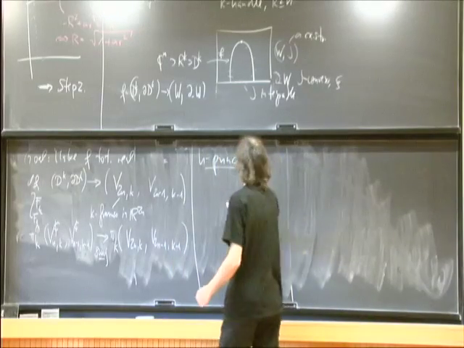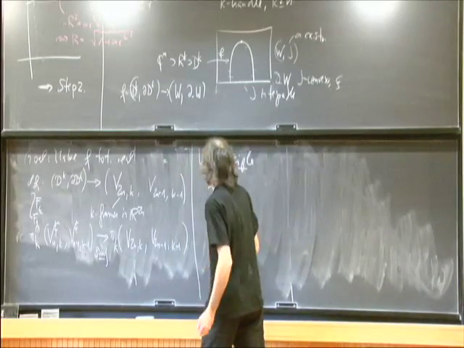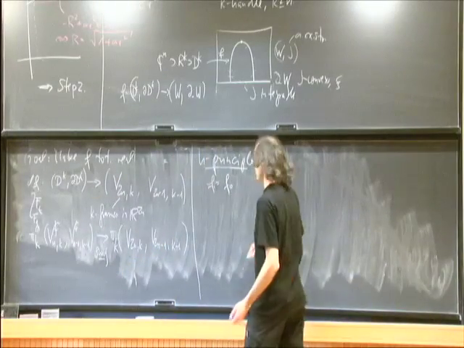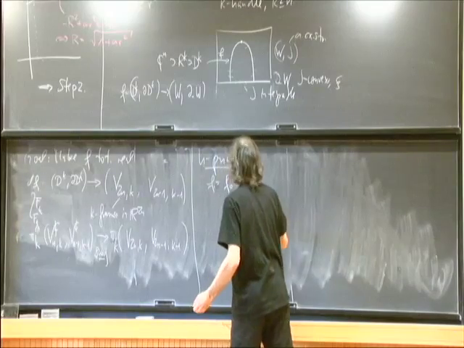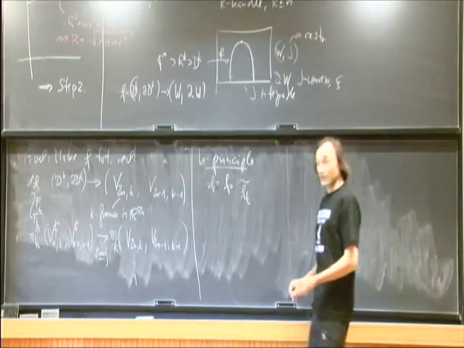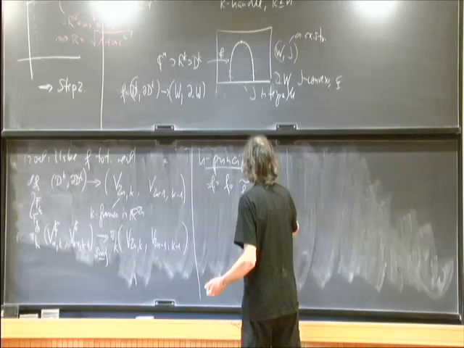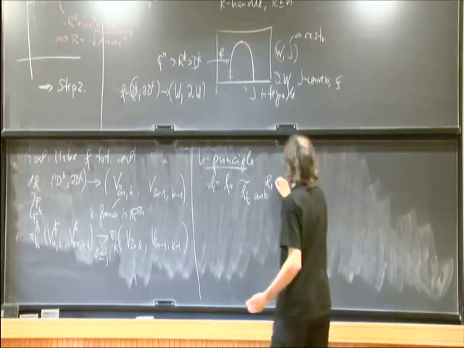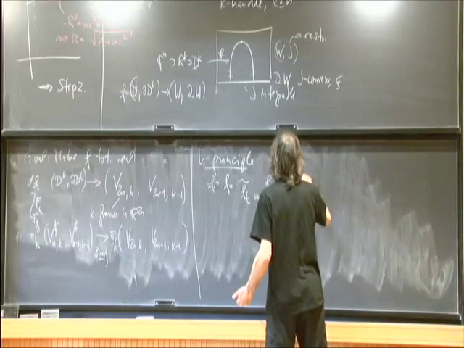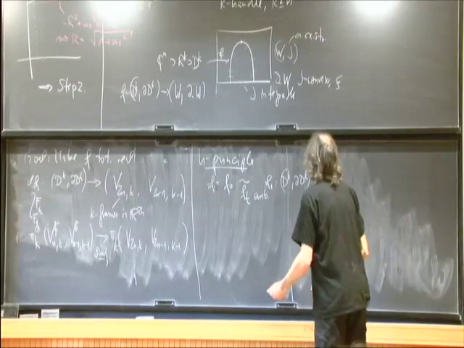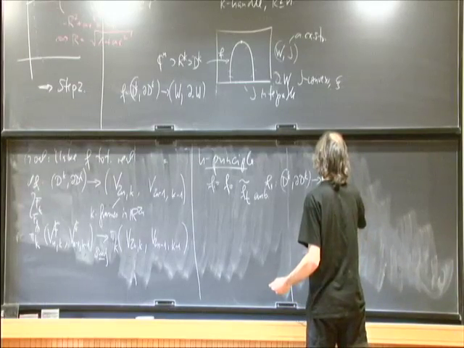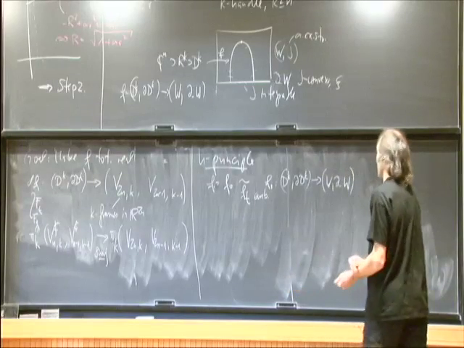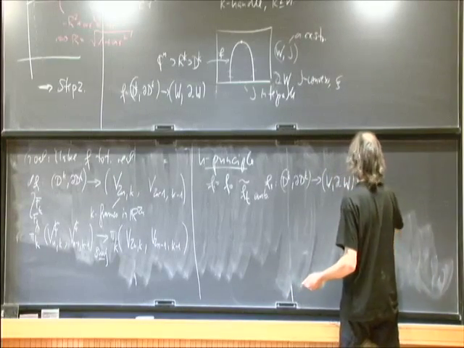This is a version of the H principle for totally real embeddings, which says that f0 is isotopic through embeddings to f1, and f1 maps D^k into W, and this is totally real.